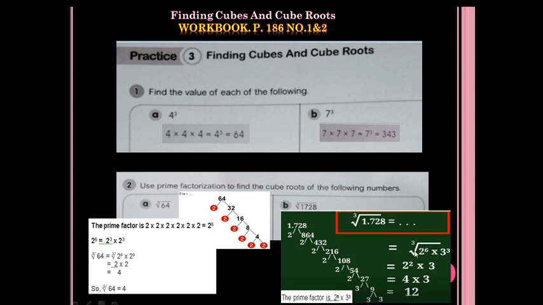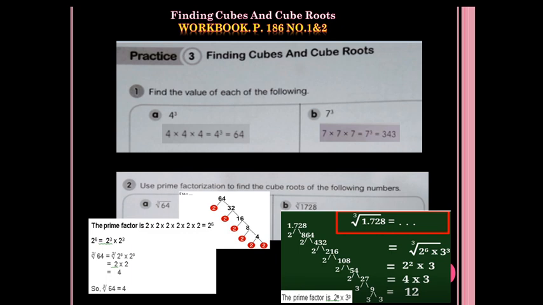So there is no root anymore, equals 2 squared times 3. 2 squared equals 4, because 2 times 2 equals 4. 4 times 3 equals 12. So the cube root of 1728 is 12.